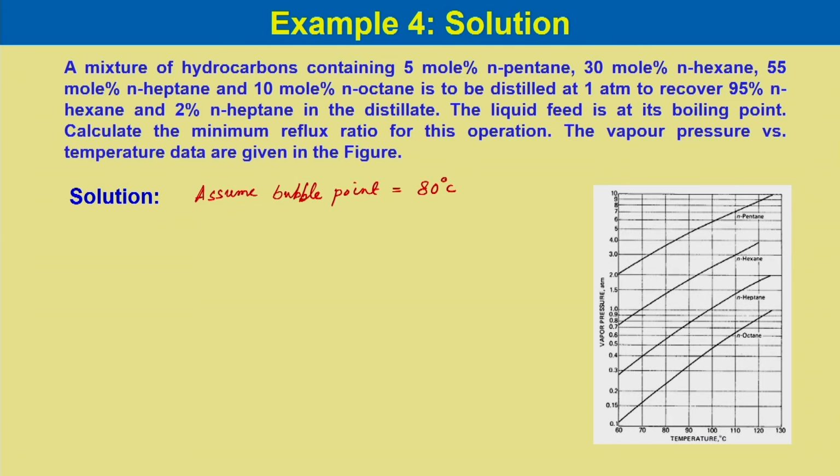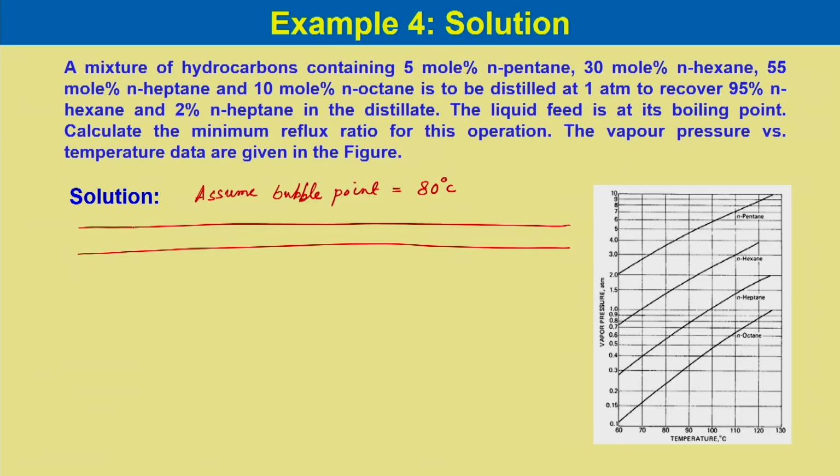Now, we can calculate different K values: component, then K i at 80 degree centigrade, then K x f.